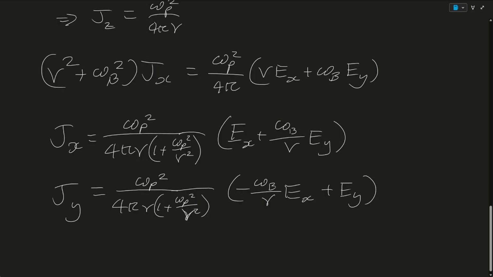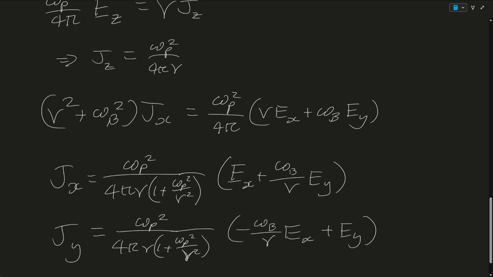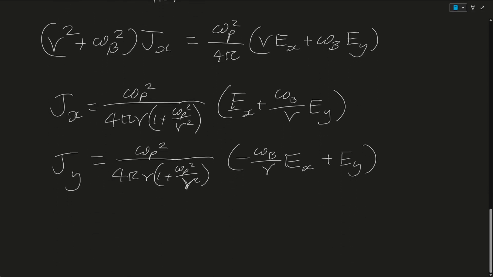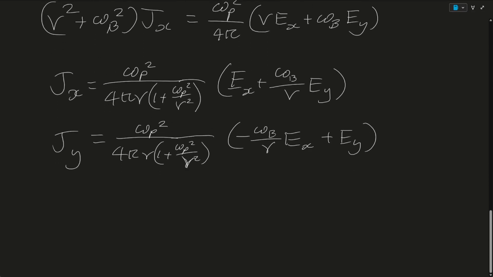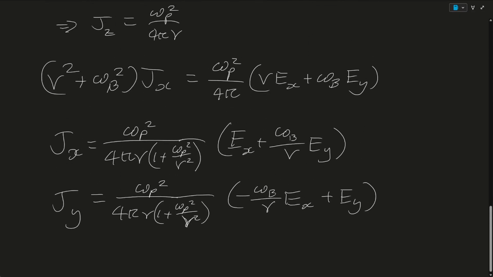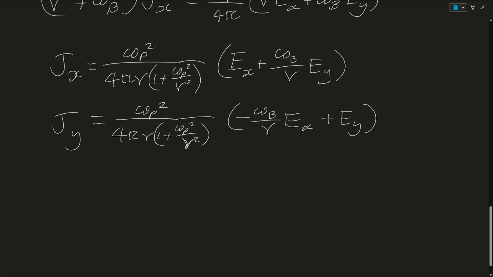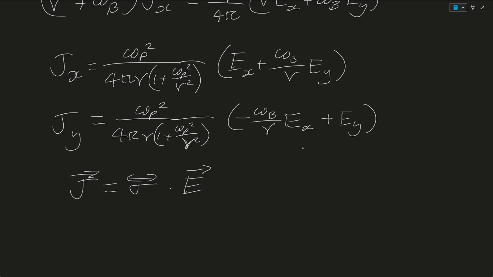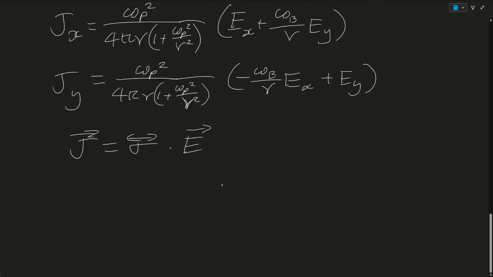And the book wants us to write this in tensor matrix form. So it becomes fairly clear that, first of all, we can write it in the form J equals sigma, where sigma is our tensor, dot E. Obviously, we've got our components there.